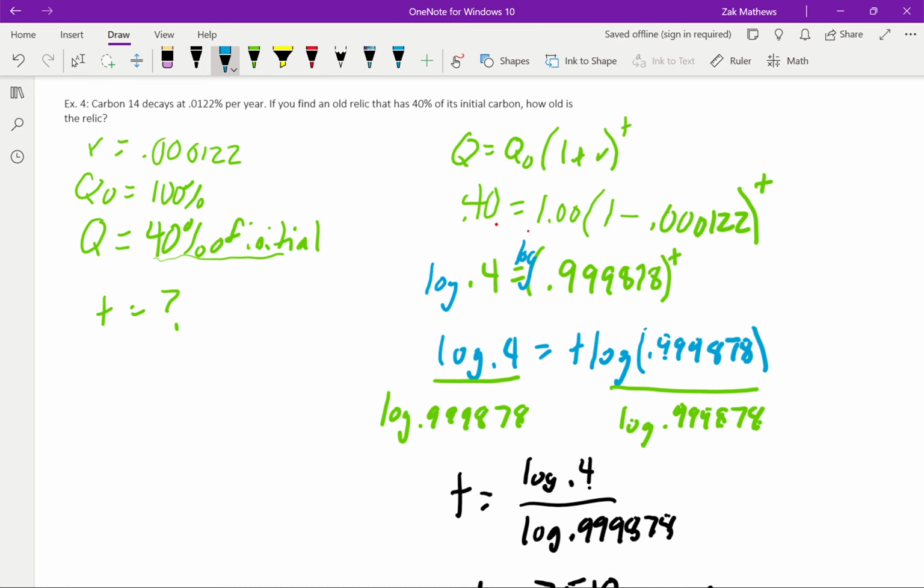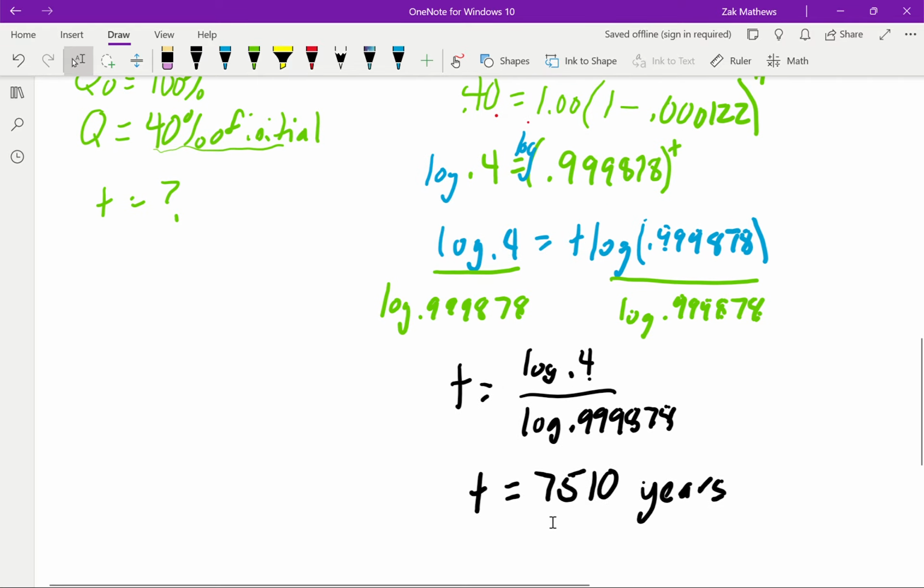And then we simply take the log that was with the t and we divide that to the other side. So we had log of 0.4 divided by log of 0.999878. That will be the process for how we solve that t in this class. The formula is not hard. The only new thing we're using is this log. And so we ended up with our 7,510 years.